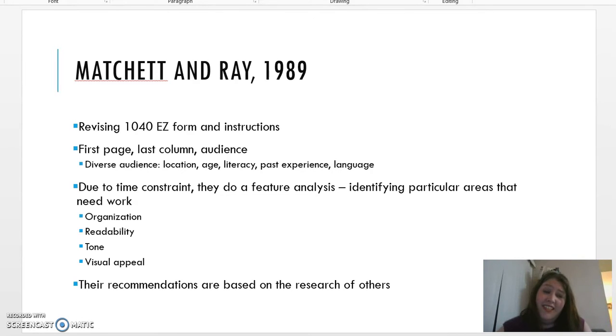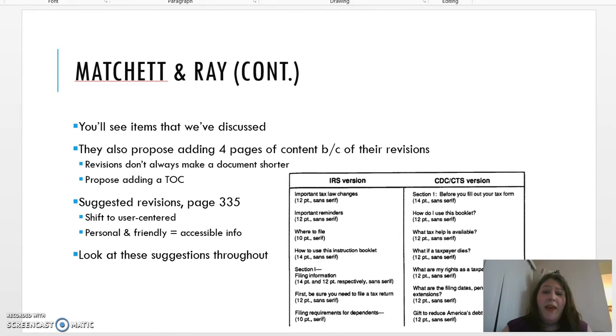Now, again, these recommendations are going to be based on other people's research, but still, you can kind of see as we go through these, you'll see that the ideas seem in line with what we've been discussing all along. Maybe you'll even recognize some of your ideas that you shared in your documentation project.